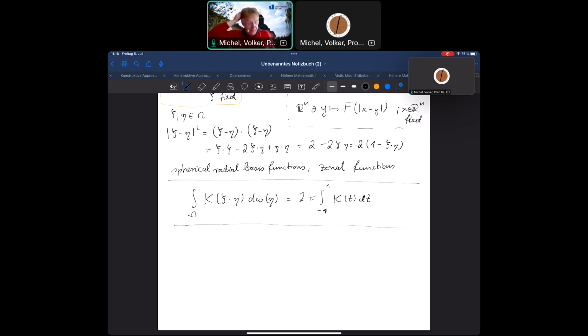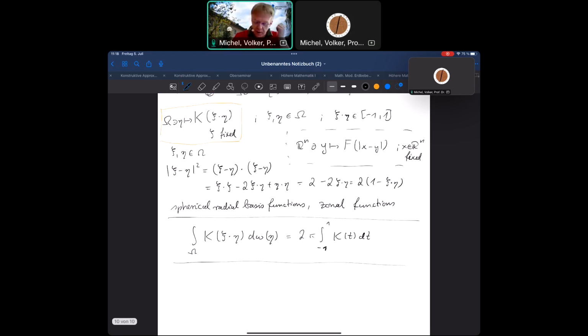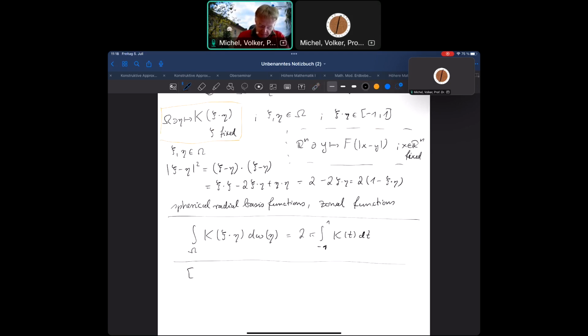Okay, now it's a function depending only on the inner product. What I've already said is this inner product is obviously a value between -1 and 1. So you can alternatively say, as you see it also in that integral identity, it's a function on [-1, 1].